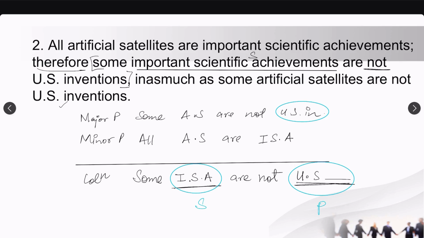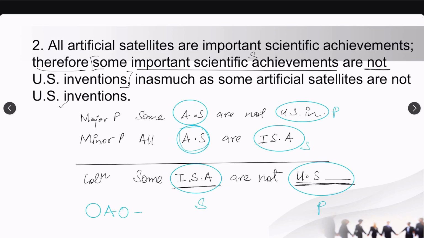The subject term is here, the predicate term is here, and artificial satellites is common in both, so this is your middle term. Again, the first one is an O proposition, the second is an A proposition, and the last one is again an O proposition.